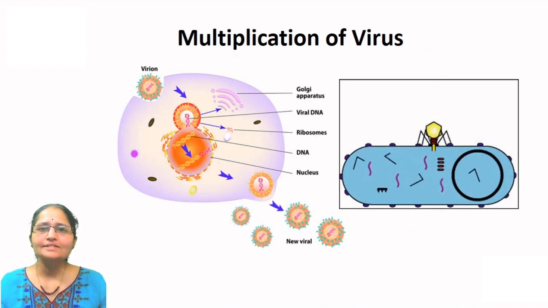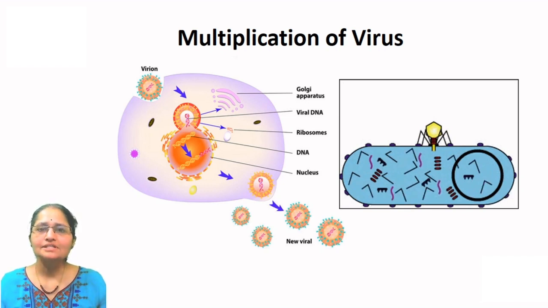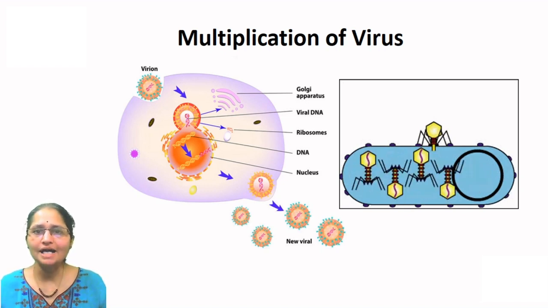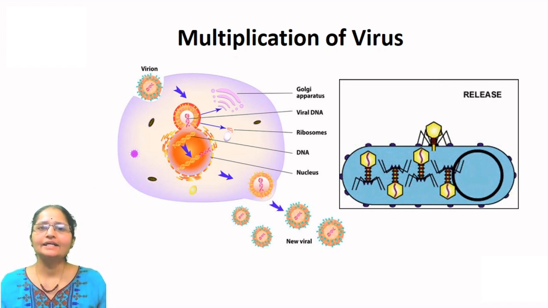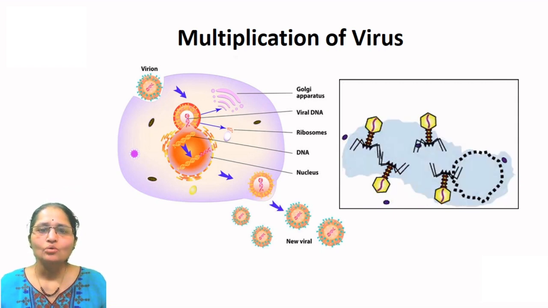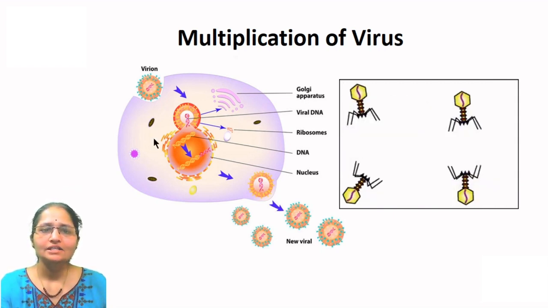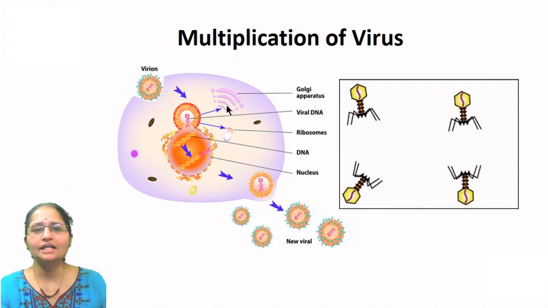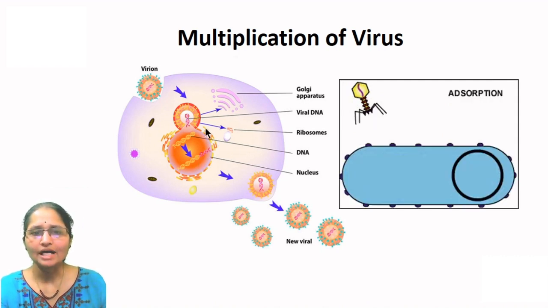See, viruses are of different types. Some invade plant cells, some enter animal cells, and some of them can even enter bacterial cells. So when the virus enters inside any other living cell, what happens?